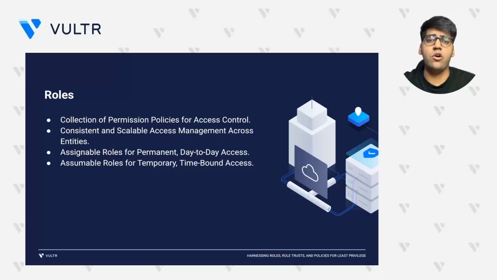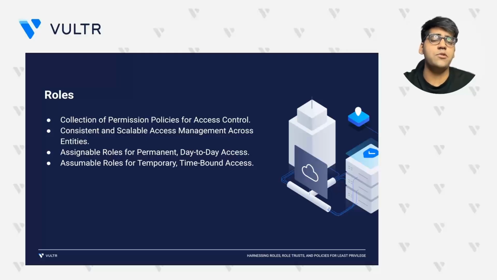Roles are a collection of permission policies that helps you manage access in a consistent and scalable way. Instead of attaching multiple policies to each user or service individually, you group them into a role and assign that role wherever it's needed, making access control much easier to manage.